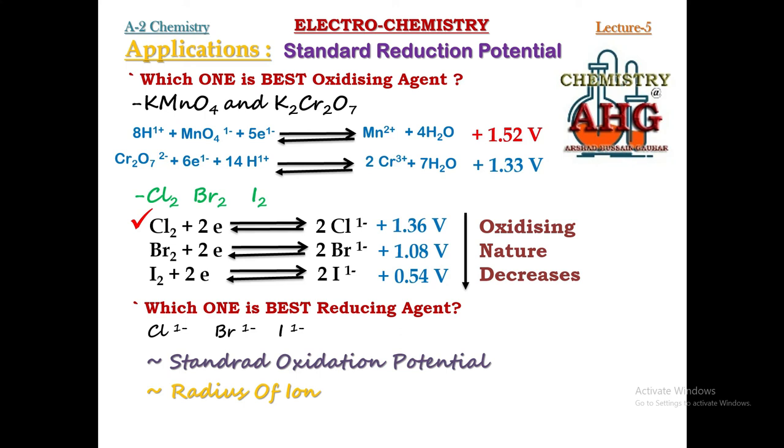Whenever an ion is smaller in size, it is difficult to remove an electron from that ion due to the stronger pull of the nucleus. In this case, chloride ion is the smallest, so it cannot lose an electron easily. It is difficult to undergo oxidation, so it is the weakest reducing agent. Iodide ion is the best reducing agent, since it has the largest radius. It can lose an electron easily due to its largest radius.